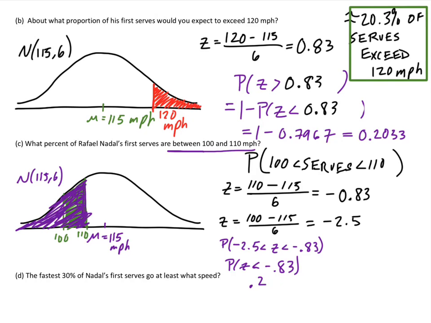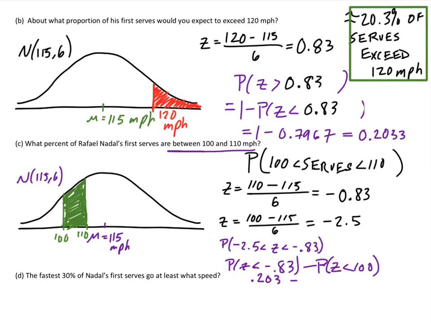So let me just undo all these real quick. So this was 0.203, I just had that down. And now if you delete the stuff less than 100, we'll be left with this little green interval. Does that make sense? So subtract away from this the proportion of stuff less than 100.